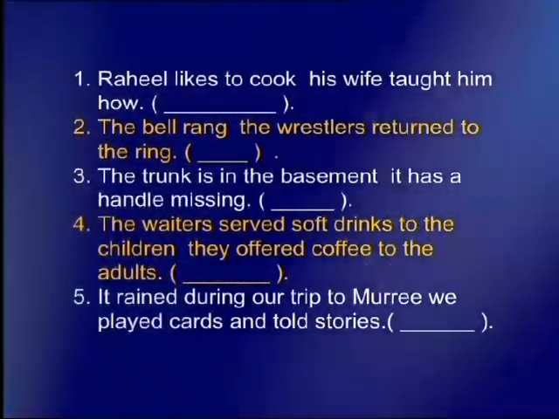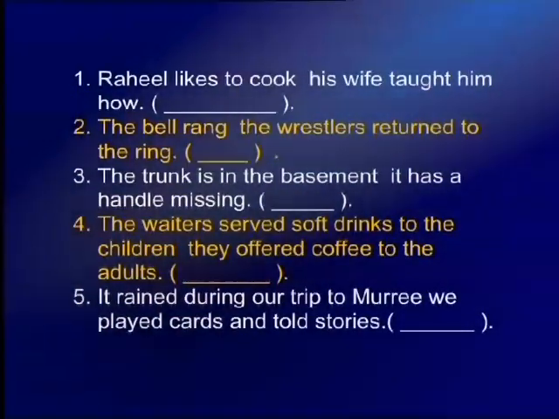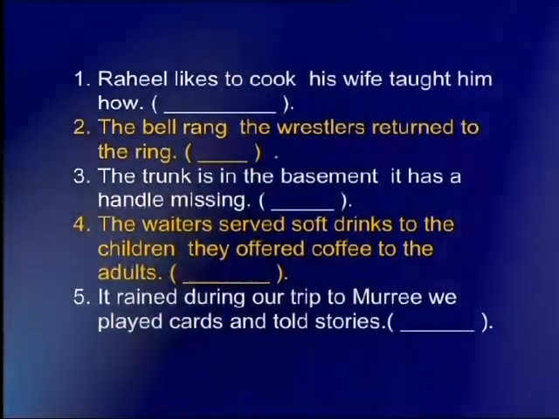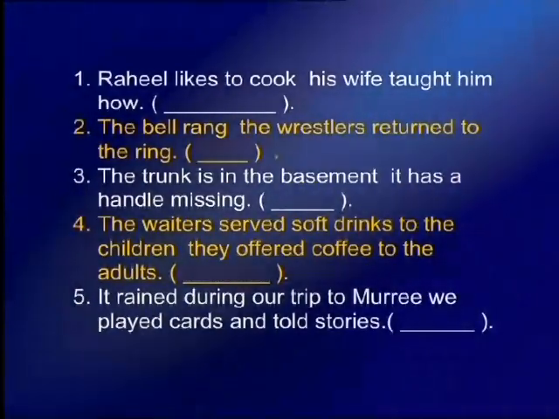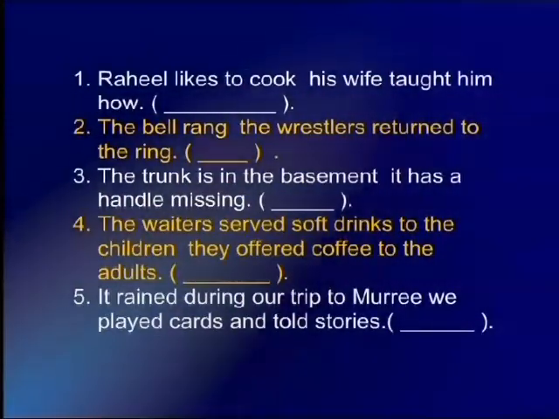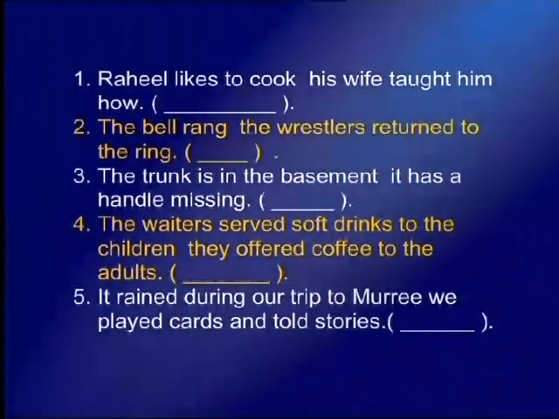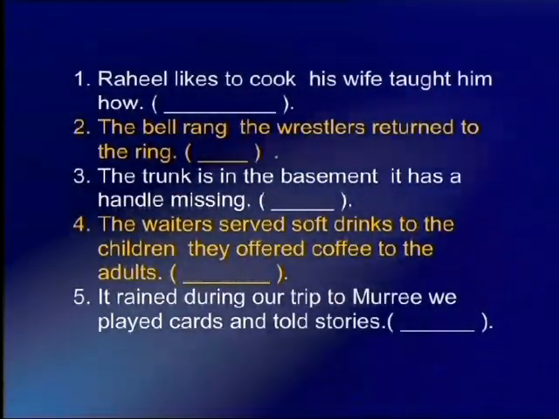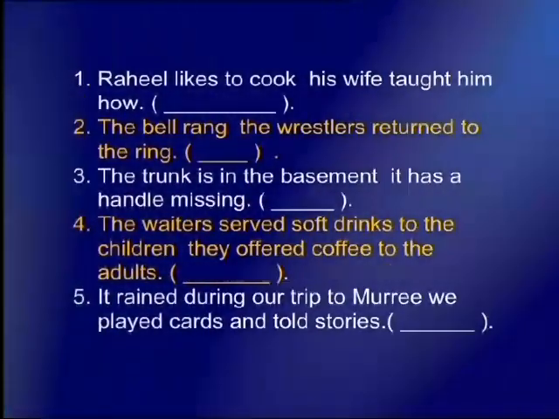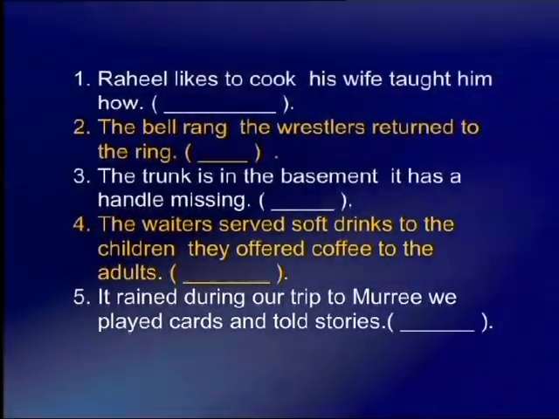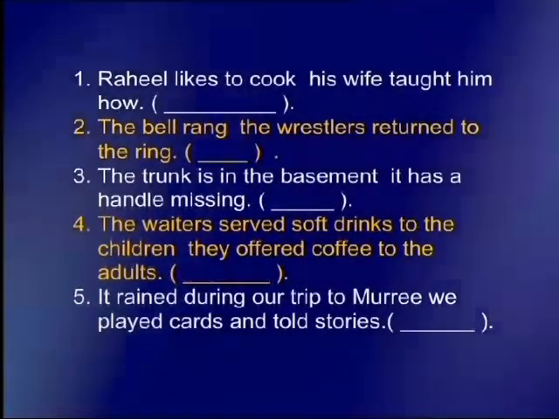The first complete thought is, the trunk is in the basement. And you should put the mark after the word basement. That sentence is an example of a comma splice. Sentence number 4. The waiters served soft drinks to the children. They offered coffee to the adults.